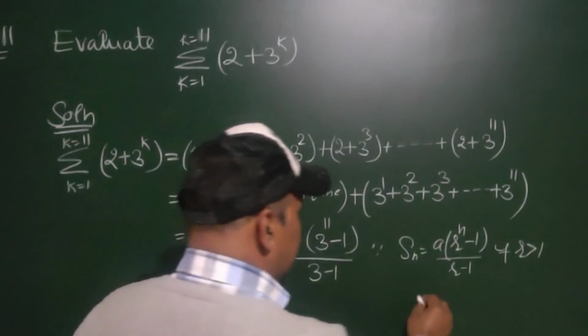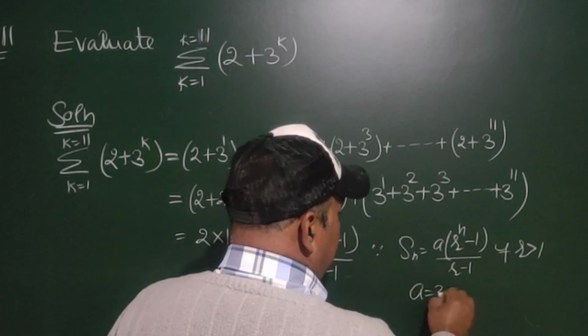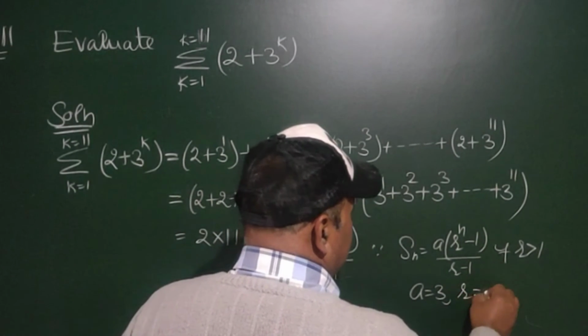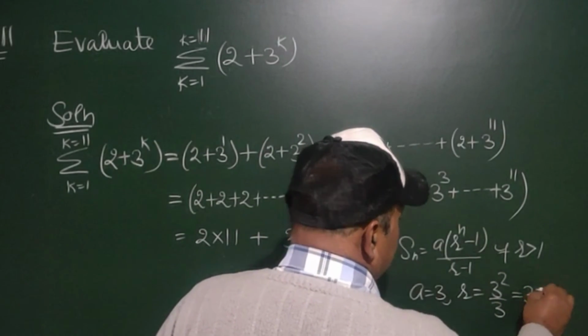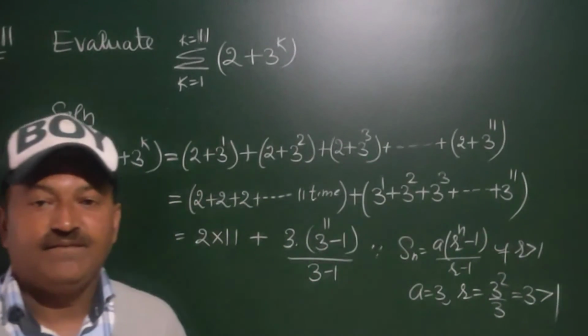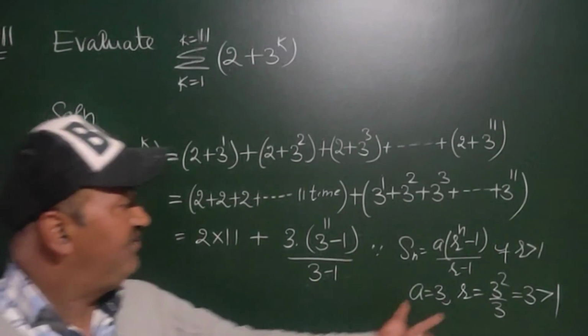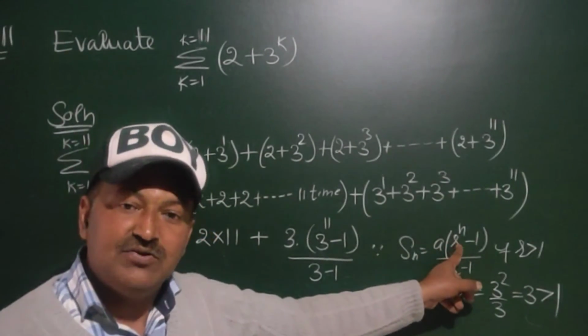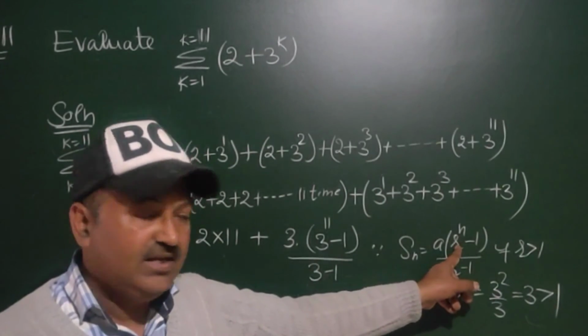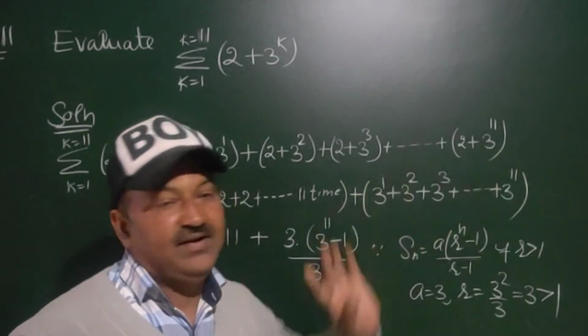In this case a is equal to 3 and r is equal to 3 square upon 3, that is 3, which is greater than 1. Therefore, you have to apply this one, putting a equal to 3, r equal to 3 and n equal to 11.